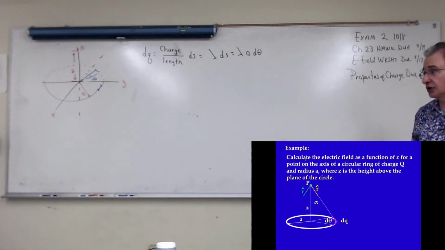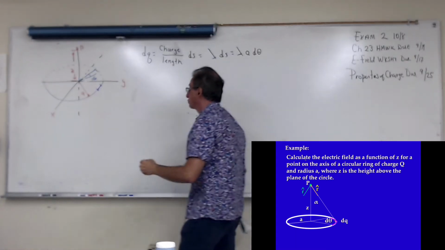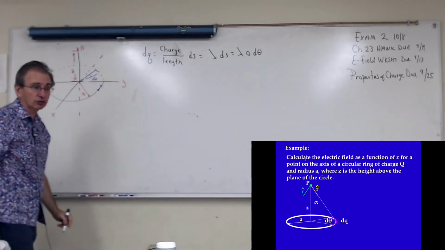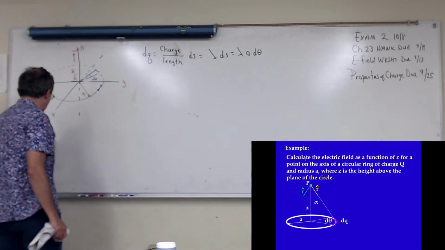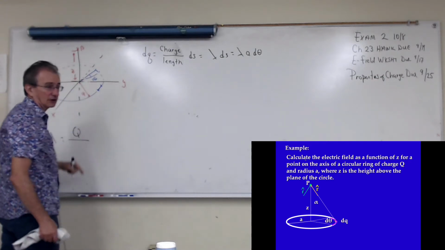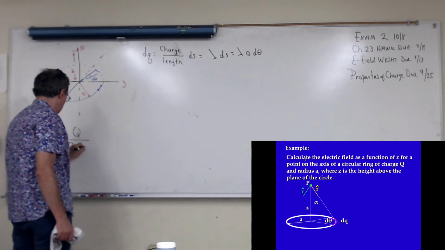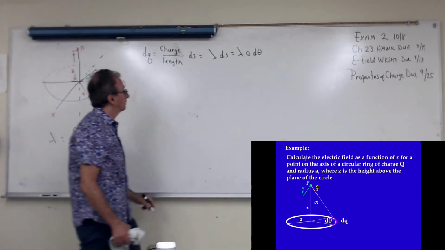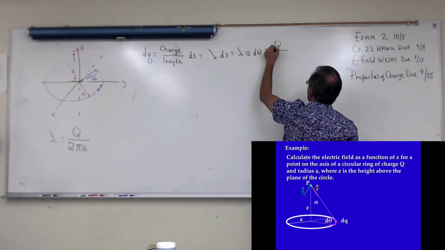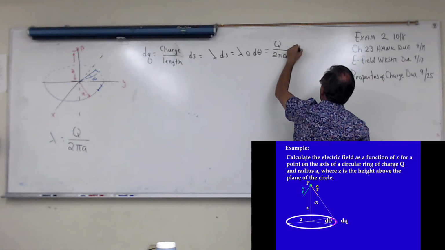Now, what's the charge per unit length? If the charge is uniformly distributed around the ring and the total charge is q, isn't it true that the charge per unit length is q over whatever the length is? What is the length of that circle? Well, it's the circumference. And so I'm going to write this as q over 2 pi a times a d theta.